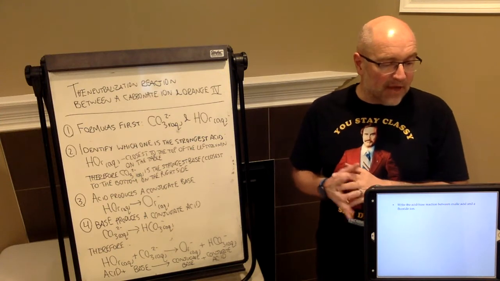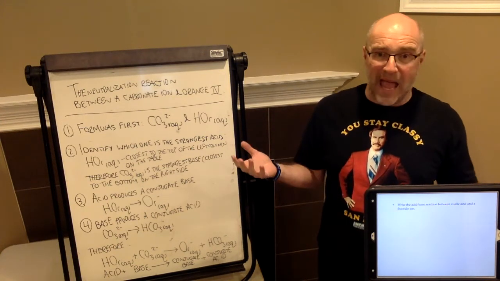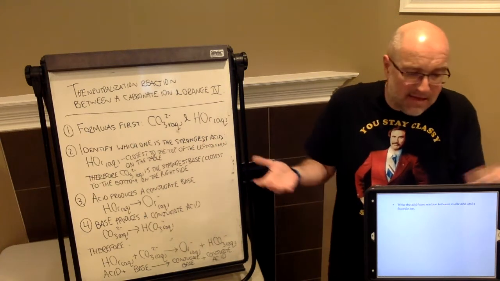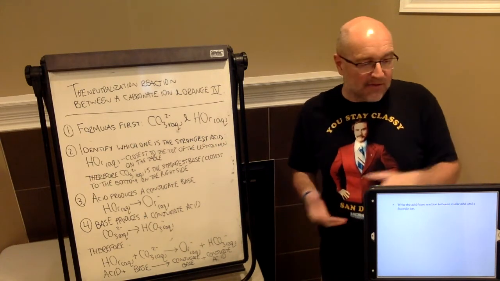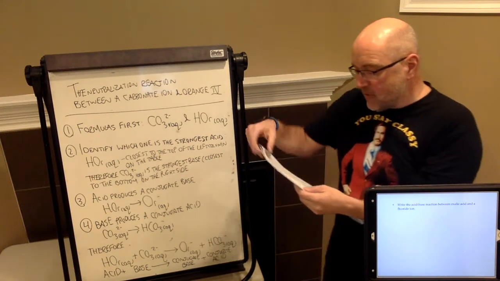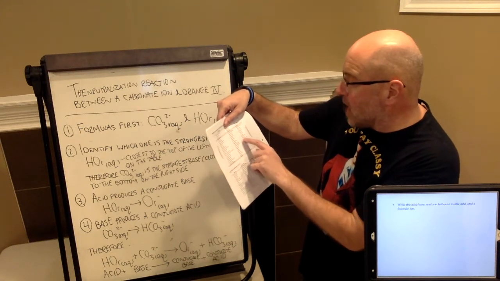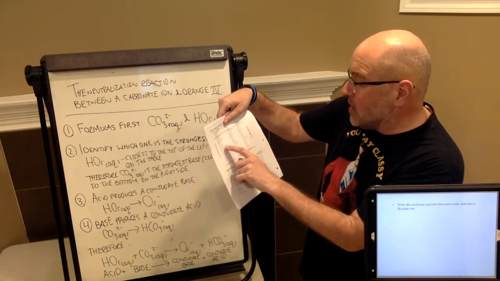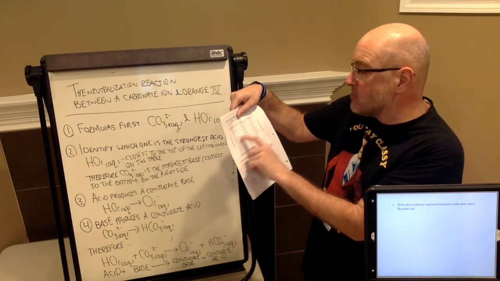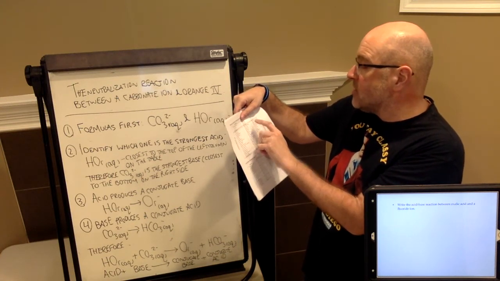So if I've got an acid-base reaction between oxalic acid and a fluoride ion, well, I know what my acid is because it says it. Oxalic acid is going to be my acid. Fluoride is going to be my base. So I can look at them on the chart here. I've got oxalic acid right here. Fluoride is right over here. So I know that fluoride is going to become hydrofluoric acid, and my oxalic acid is going to become HOOCCOO.